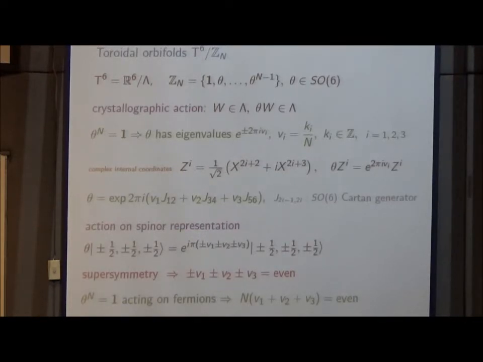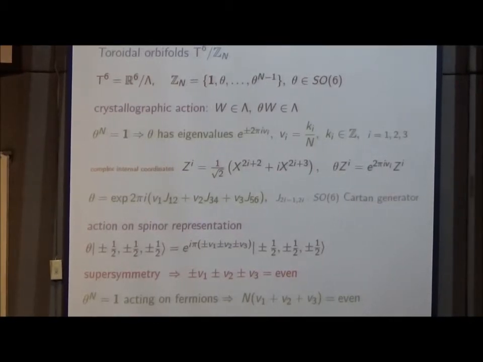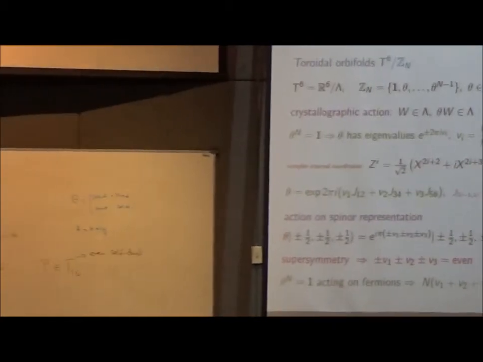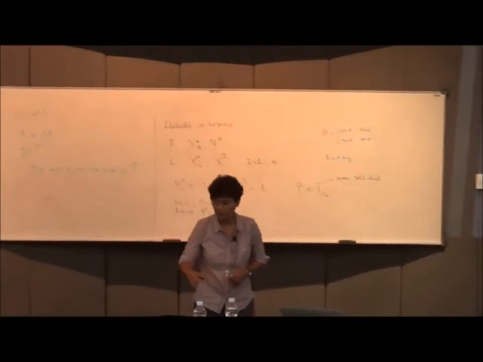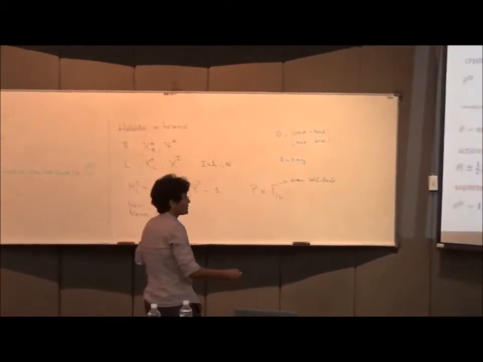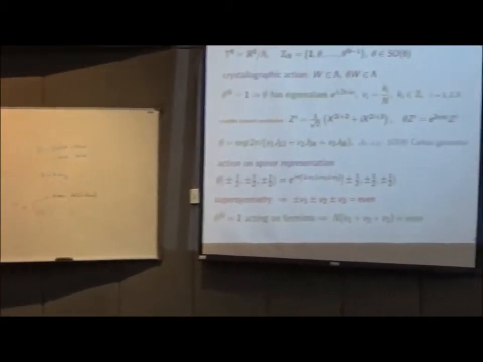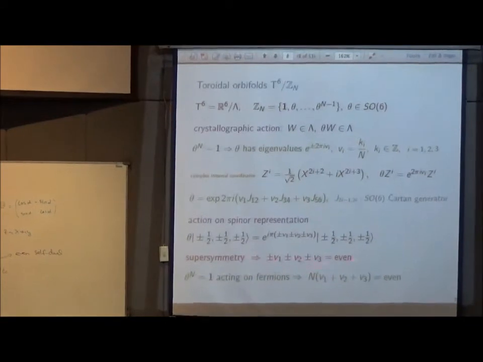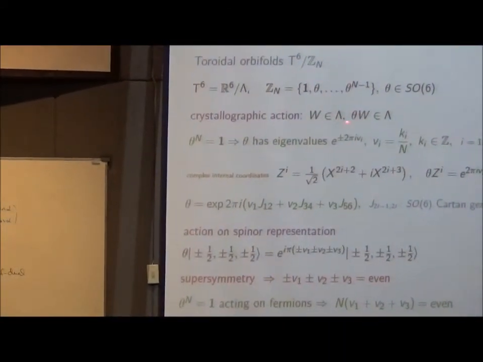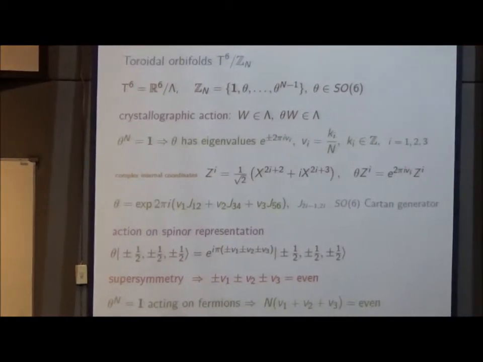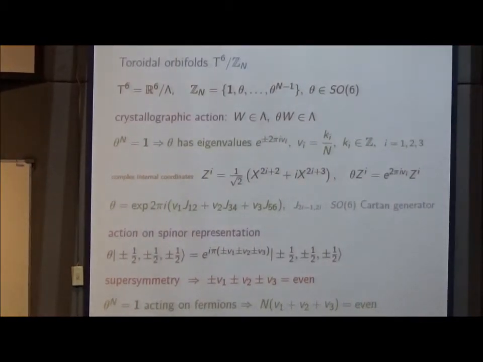A simple example that we will see is the only one, but these are classified. There is a complete classification of solutions of this condition, together with the fact that you need a lattice for theta to act crystallographically.